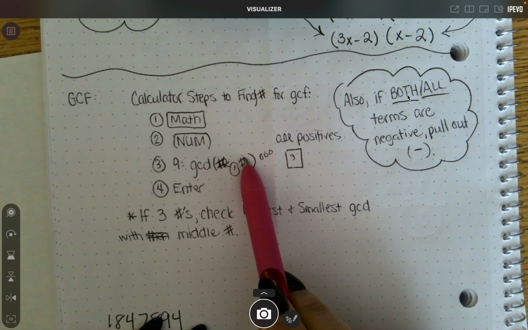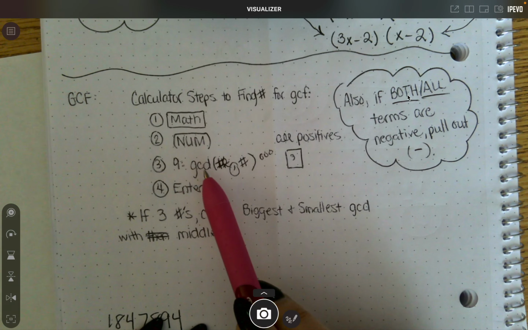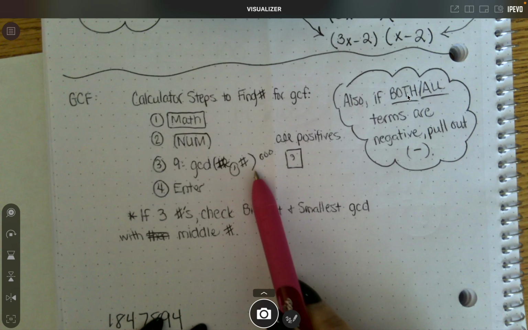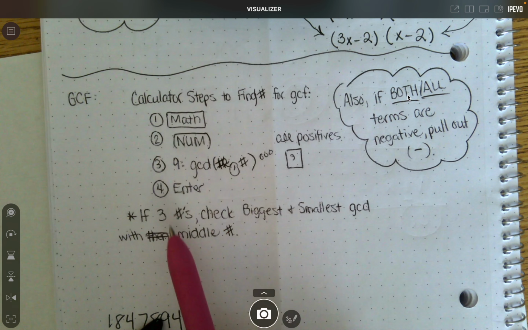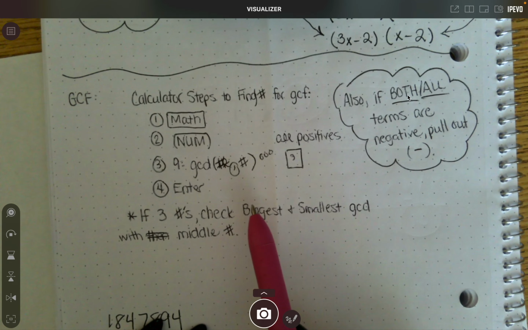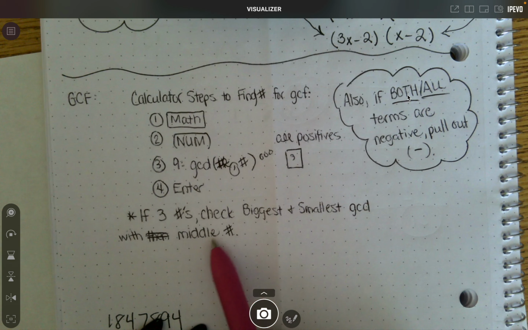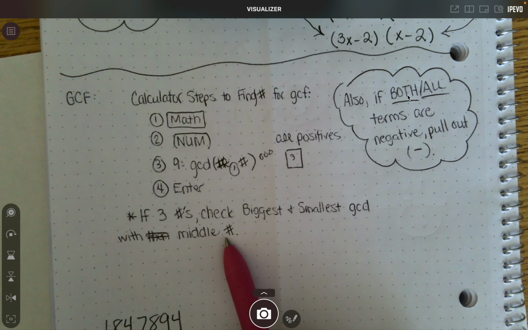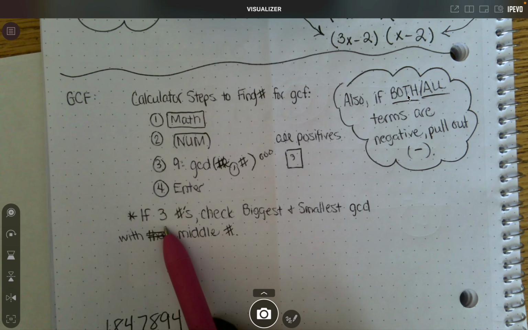You enter both numbers, with a comma in between, and then you enter and it will give you the GCD or GCF between two numbers. They all need to be positive, and if you have three numbers, you check it with your biggest and the smallest, and then that number with your middle number, okay? The final number would be your GCD out of those three, okay?